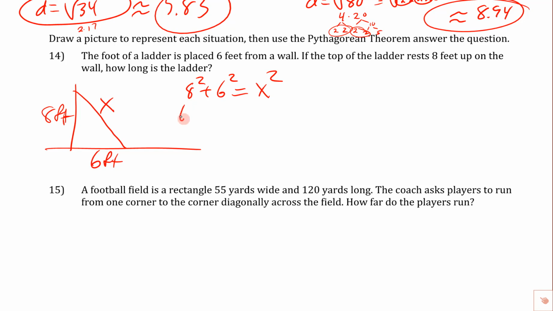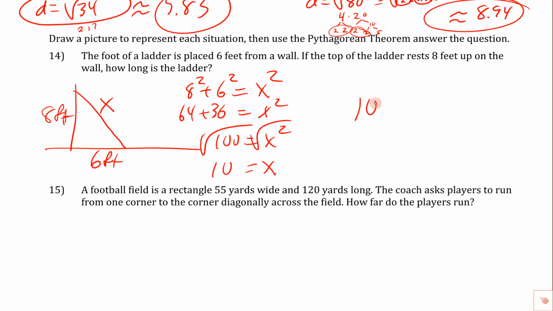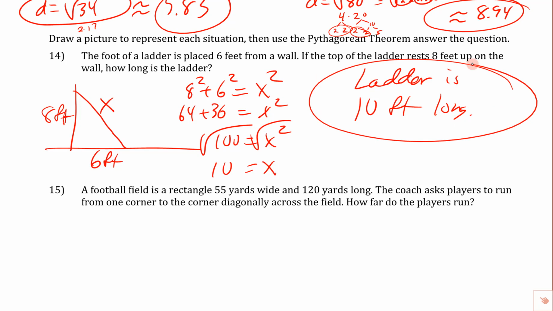So let's see, what have we got here? 64 here, 36 here equals x squared. 64 plus 36 is 100. Take the square root of both sides, so we get x equals 10. So what that means is, how long is the ladder? The ladder is 10 feet long. Okay, so there's our answer on that one.